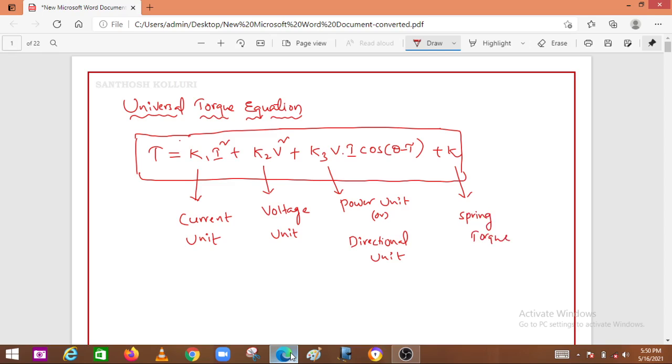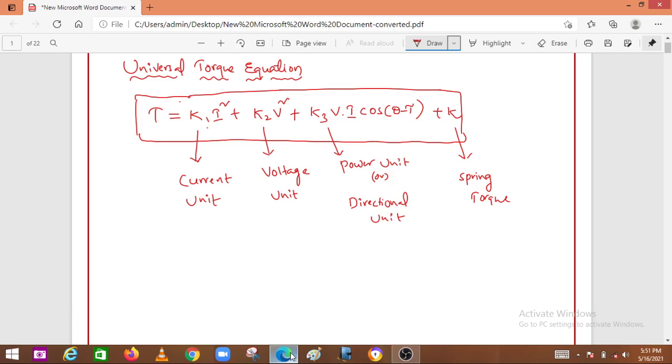From this torque equation, T = K1 I² + K2 V² + K3 V I cos(θ − τ) + K, this component is a current component, this is a voltage component, and this is a power or directional component. And this is a spring torque used for restraining purpose.